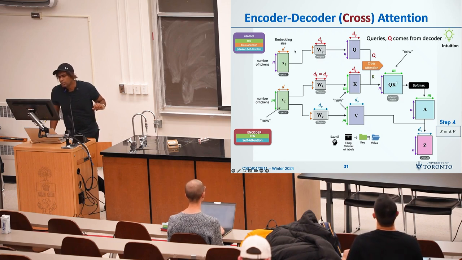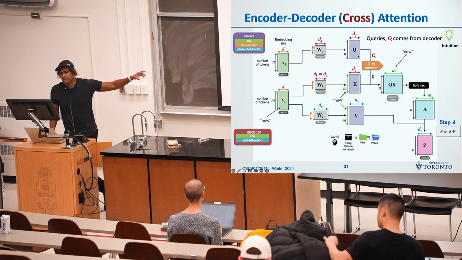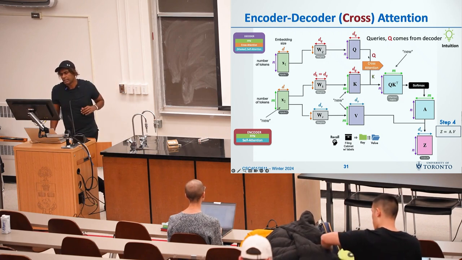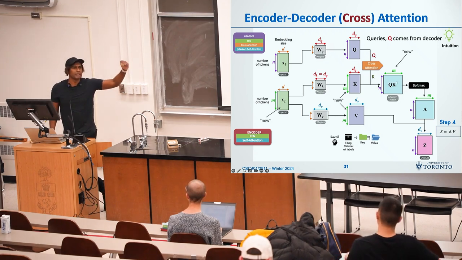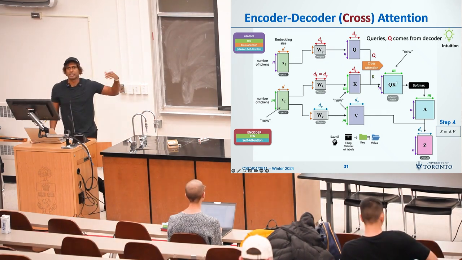And then the query is happening, you're getting the query vector from the decoder here, DQ, and you're doing this cross attention. You always do attention between Q and K, okay? Regardless of self-attention or cross attention.